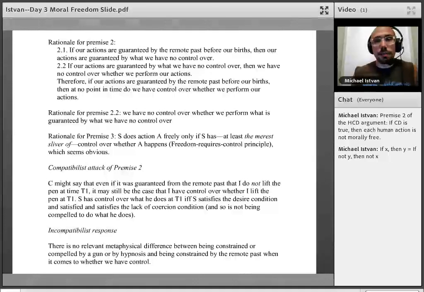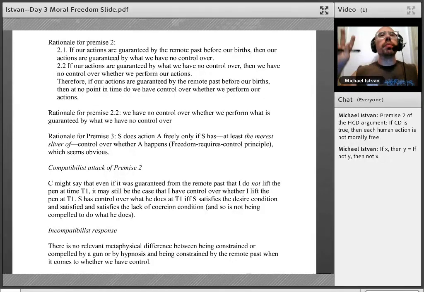I kind of said why in a loose sense, and it is pretty intuitive, but think about it this way, in terms of my pen. If my lifting the pen right now is guaranteed by what I have no control over, and understand what's happening here, you can't say, well, maybe you do have control over it. Just relax. We're assuming that we don't.